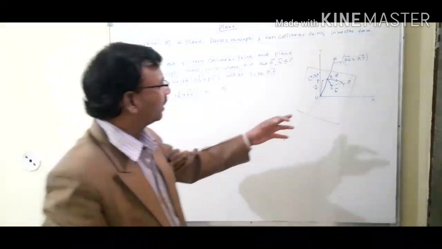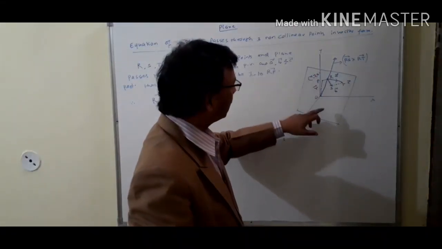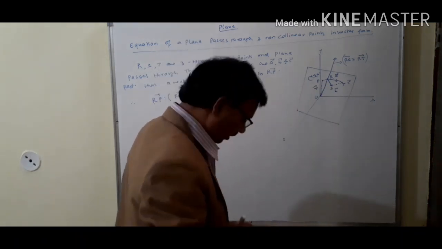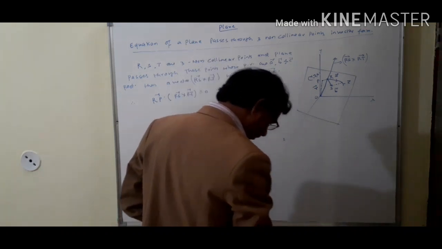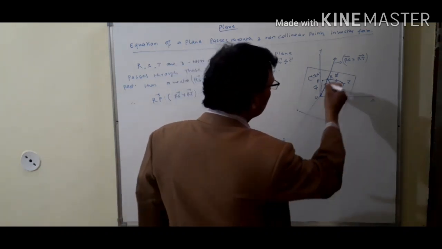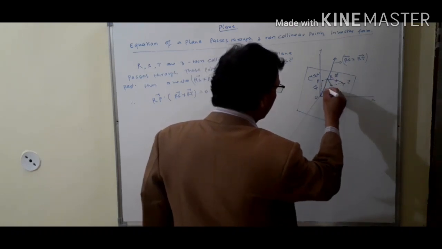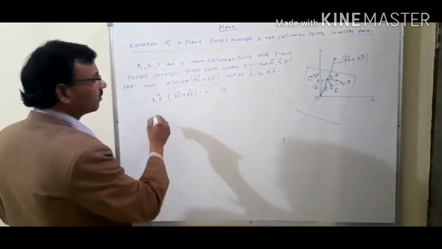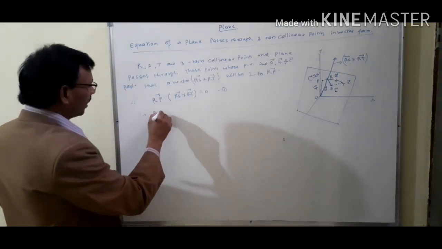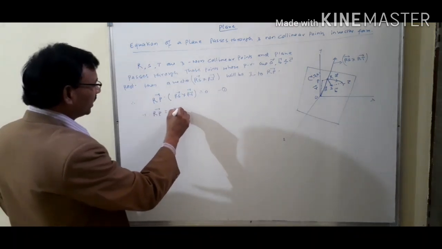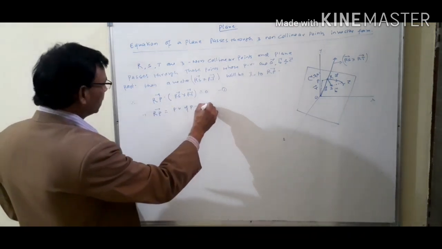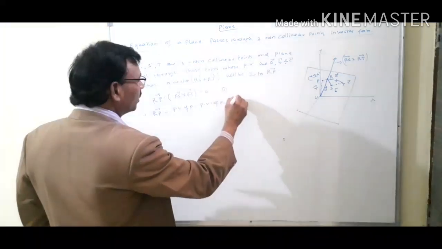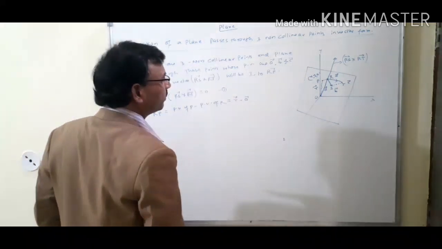Since RP means the position vector of P minus the position vector of R, where OR is the vector a, that is the position vector of R, RP equals r vector minus a vector.